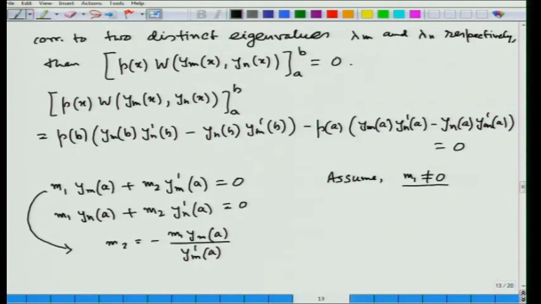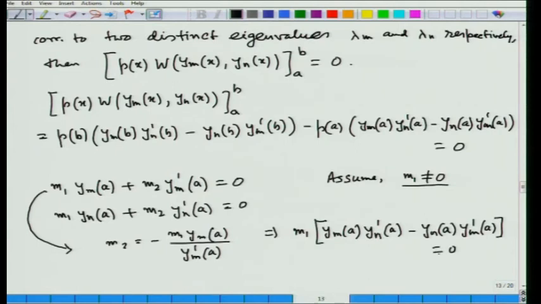So, that means then we can substitute this m 2 in this expression. So, eliminating m 2 between these two relations, we can find m 1 times y m(a) y n dot(a) minus y n(a) y m dot(a) is equal to 0.